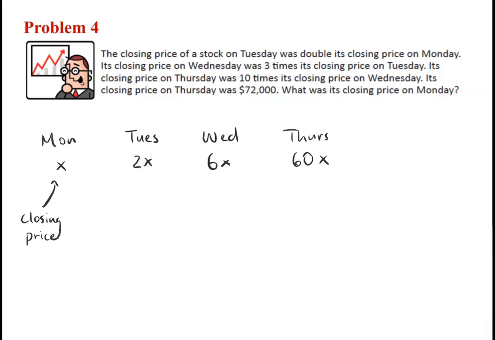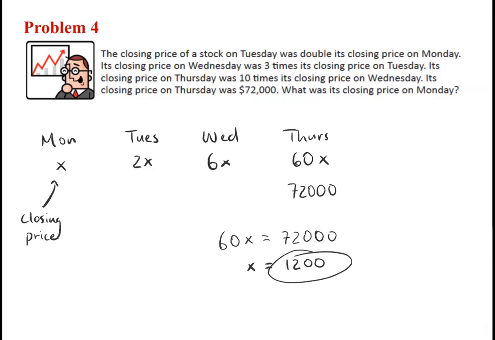And we also know that the closing price on Thursday is 72,000. So that means that 60x is equal to 72,000. And since we want to find the closing price on Monday, we just solve for x, divide both sides by 60, and we will get 1,200. And that is your answer.